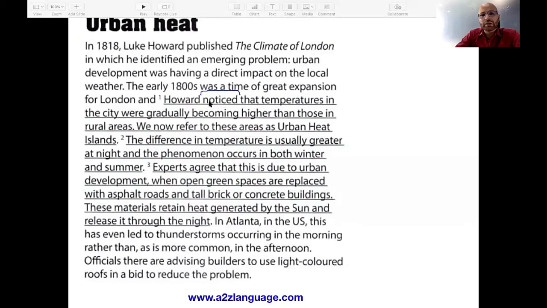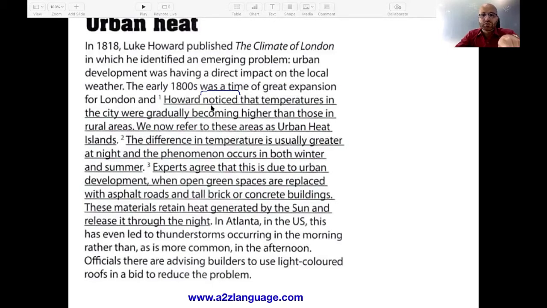So Howard noticed, he did not invent. Notice is something that exists already. An invention is a word that reflects that something does not exist and actually comes into being for the first time. So Howard noticed reveals that the phenomenon already exists.